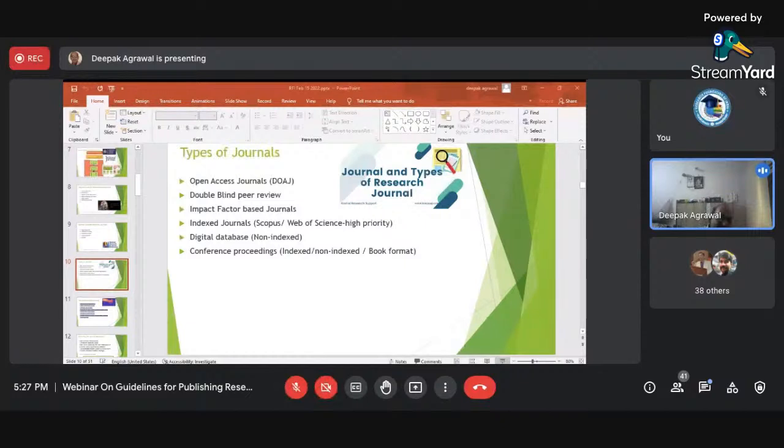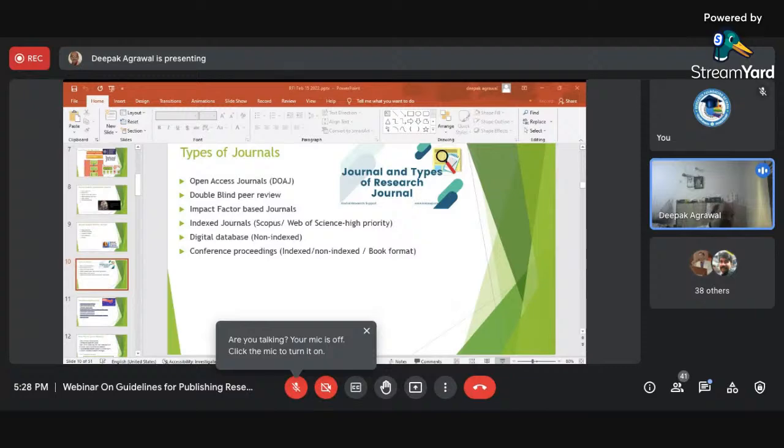Definitely they charge the scholar who is willing to get their paper published. So if you have prepared your paper, you need to pay the prescribed fees, and then they will publish your paper, and it is easily available on the website and can be accessed by anybody.